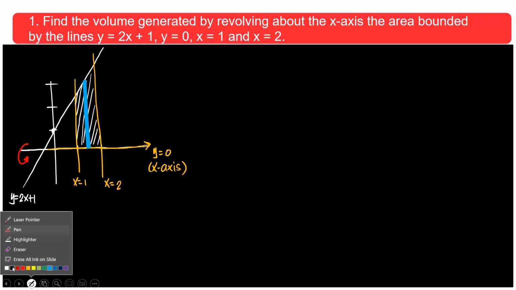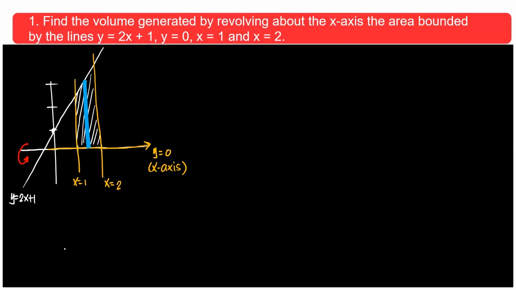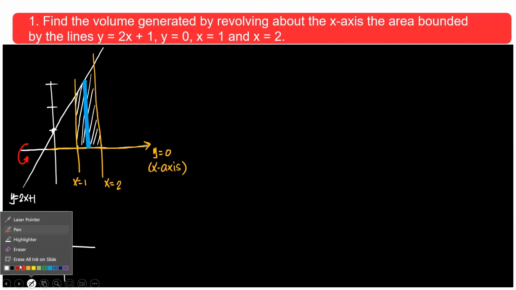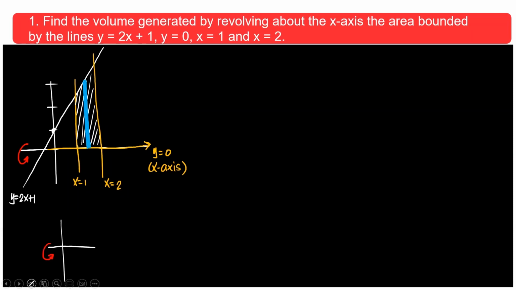Now, it might be good if you can imagine how it would look if it's rotated. So let's just try this. If it's rotated about the x-axis, let's draw your element. The element, the blue element, when I rotate this, oh, okay. So it's a disk. Why is it a disk?